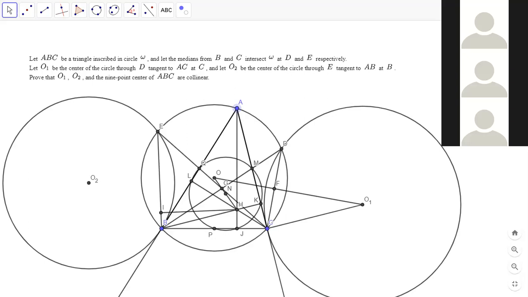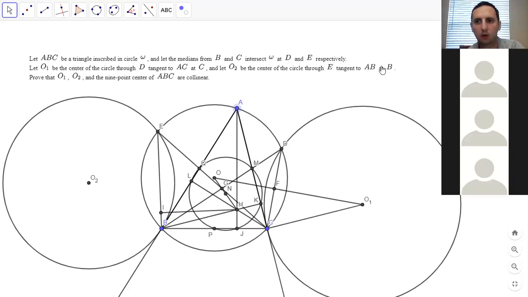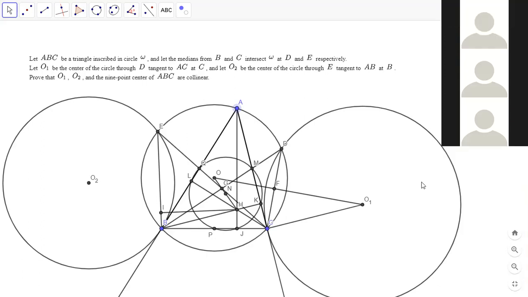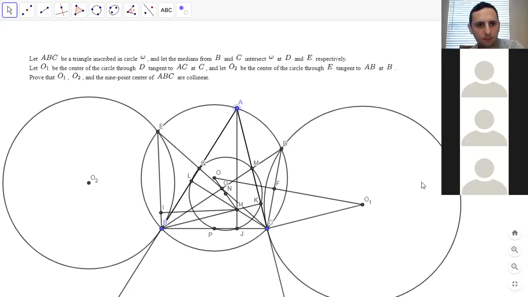Wow, this is hard. I wonder if maybe we could do stuff on X centers.